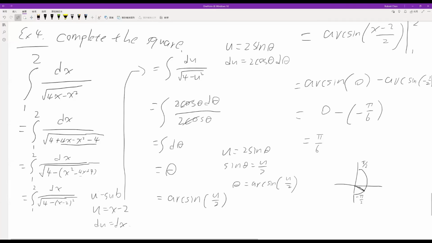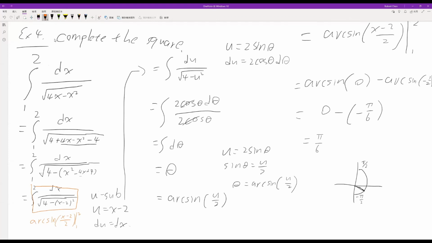I don't know if you noticed, but if you look at this integral that we have on the bottom, if you just integrate that, you get arc sine of (x minus 2) over 2, which will make your life much easier if you notice that this is arc sine.